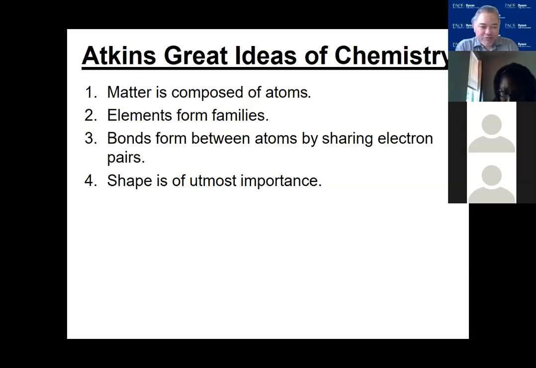Okay? Why is shape of utmost importance? What can you say about H2O and CO2? They're both made up of 2 elements. A compound that is made up of one kind of element attached to 2 other kinds of elements. But how come they have different properties? What makes their properties different?